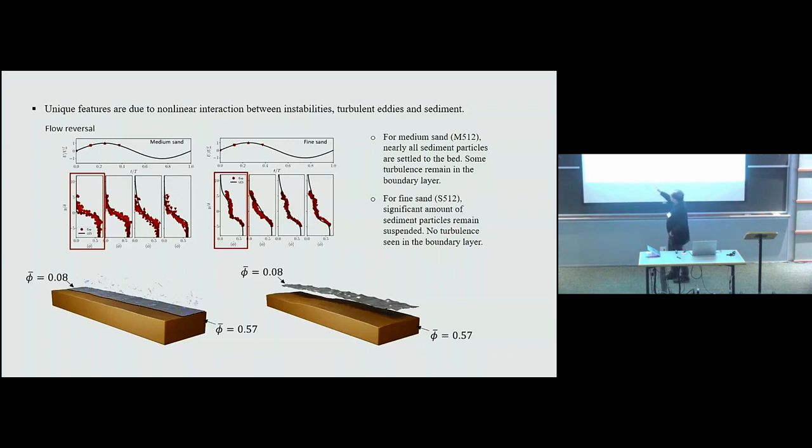But you do see some residual turbulence there. However, for fine sand, sediment is still mostly suspended, because the 8% isosurface and the 57% isosurface still have a significant gap, okay? But there's really not much turbulence in between.